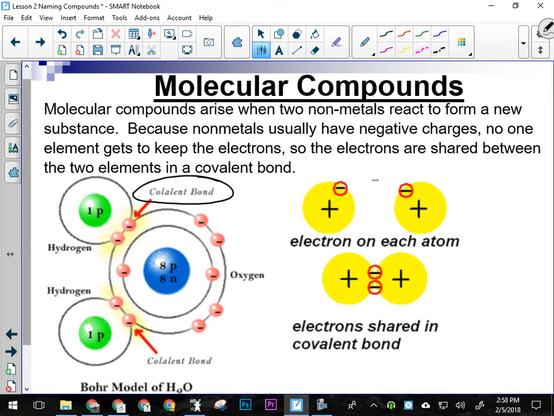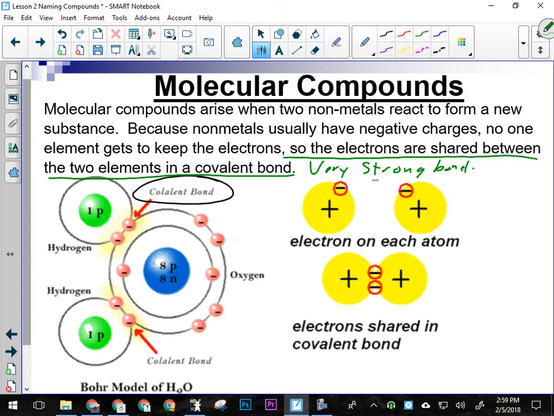The big thing about molecular compounds is that the electrons are shared between the two elements, and that is a very strong bond, which is why molecular compounds behave a lot differently than ionic compounds. We'll get into that later in the week when we talk about properties of compounds. They have very, very different physical properties.